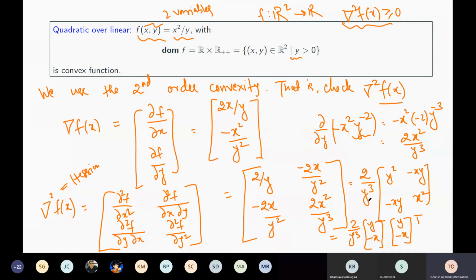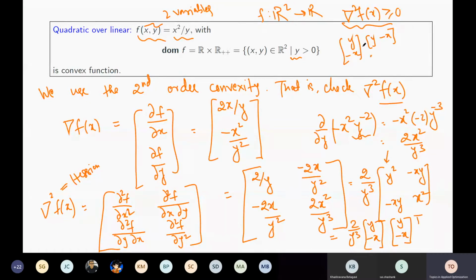We can verify that this is like this. So this is like y square, and then minus xy, and then minus x. So the way it is written is y minus x, a column vector, and then you are multiplying it with the same, but as a row vector. So this comes out to be same as this.